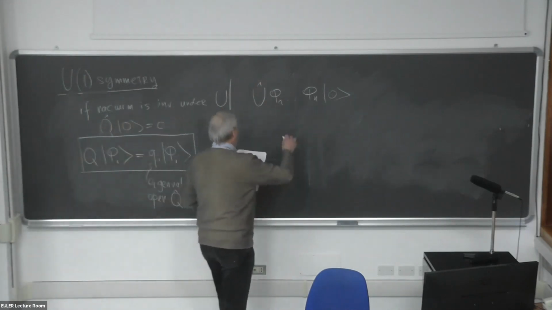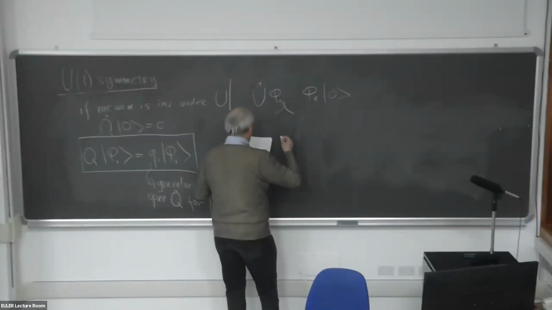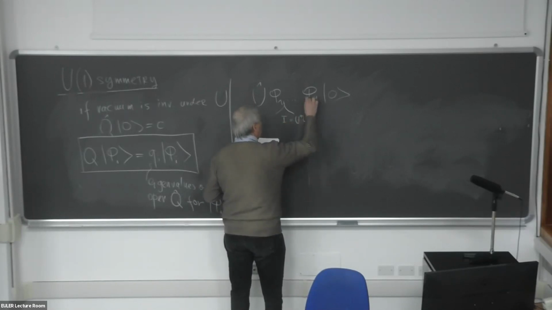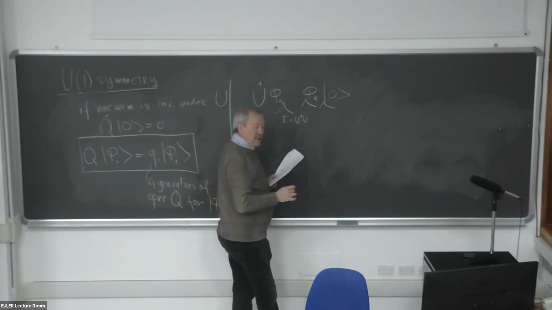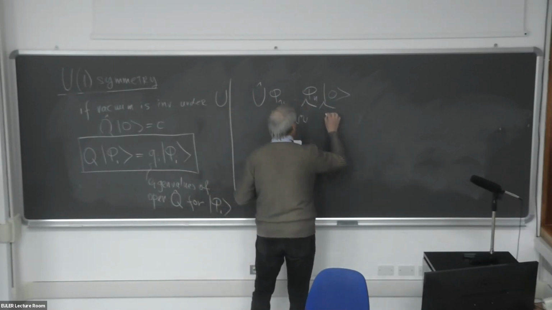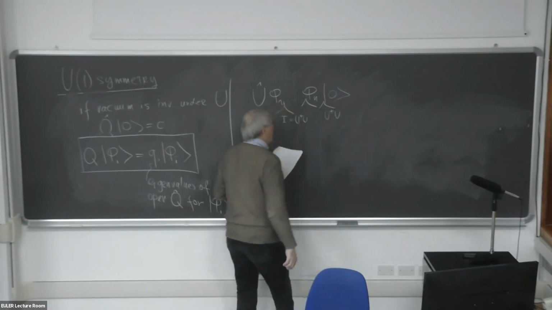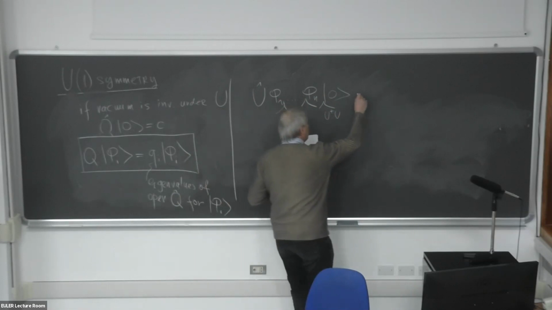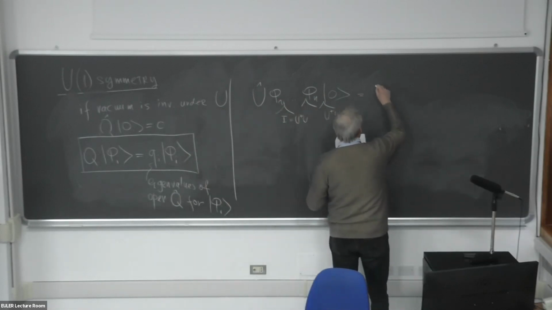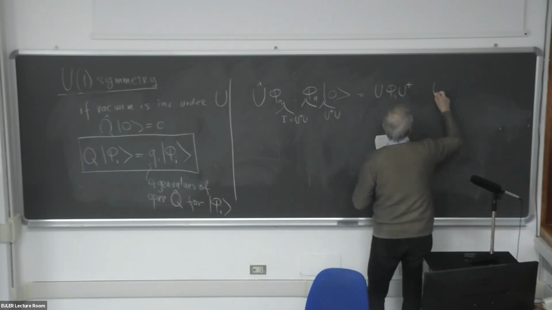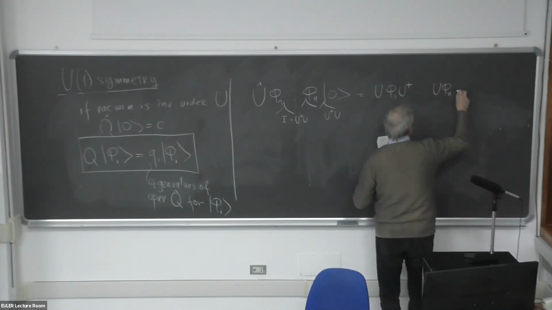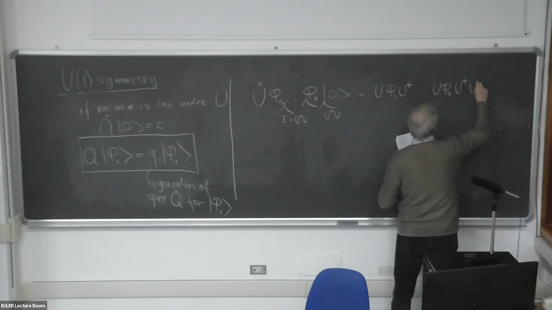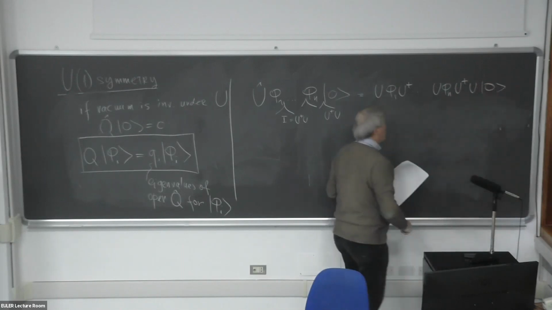What I can do, and we did the same trick before, is insert a 1, which is U dagger U, in between each of these field operators, including here U. Then that becomes U F1 U dagger U Fn U dagger U vacuum state.